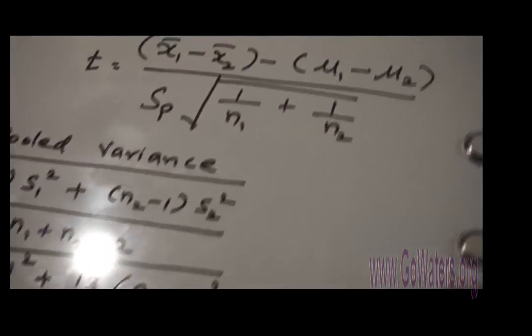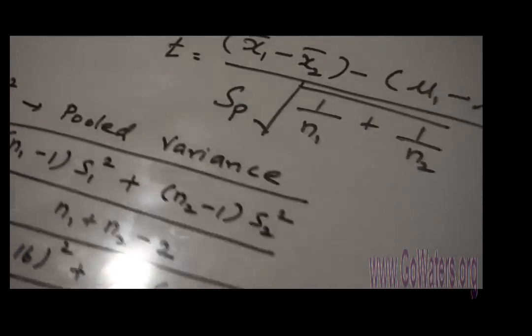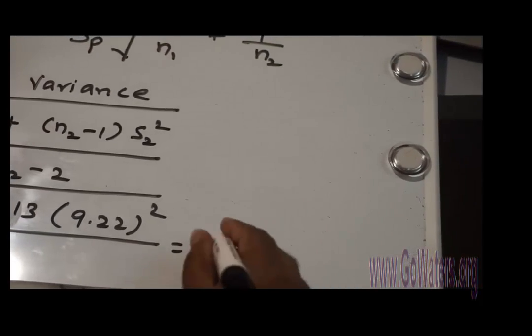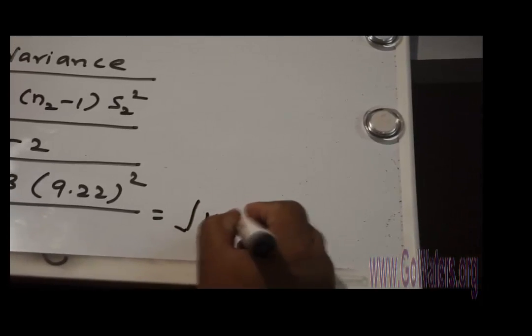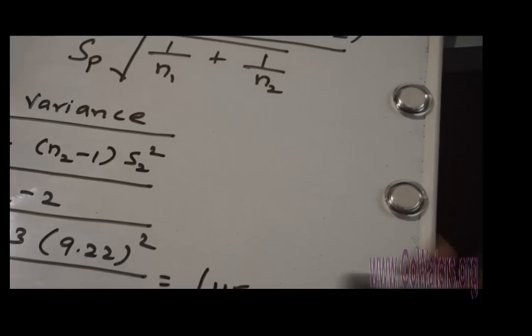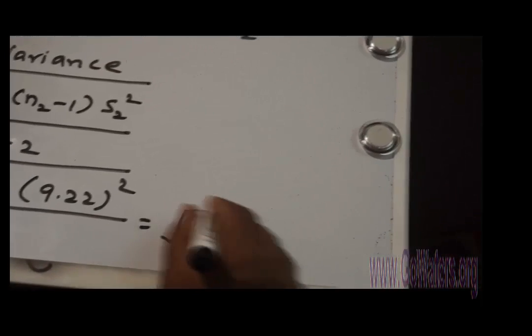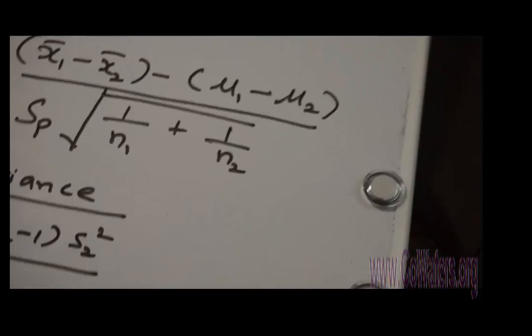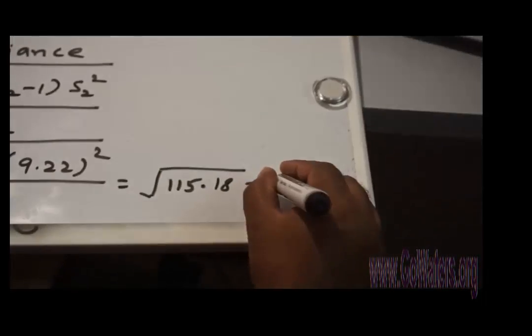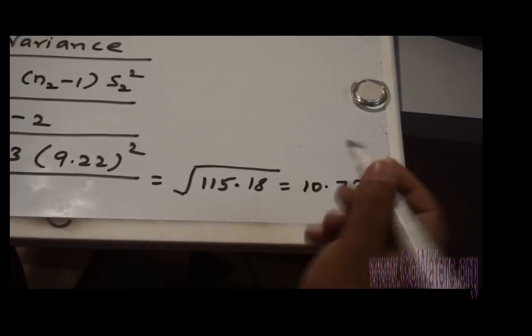So this will give you the square root of 115.18, which is equal to 10.73.